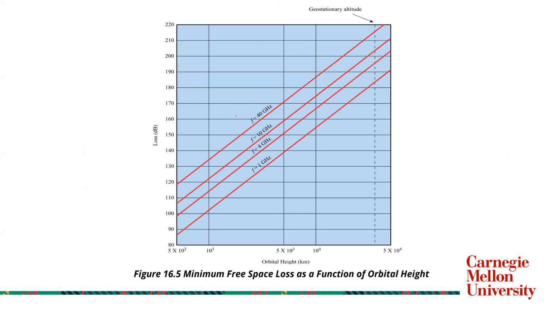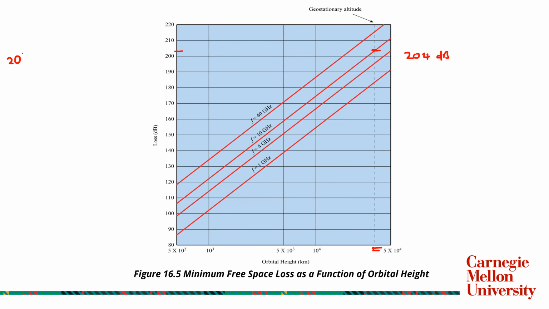Now you see this thing. This is actually the geostationary satellite. If we are at 10 gigahertz, we have a loss of about 204 dB. Does that make sense? We already did something like that.